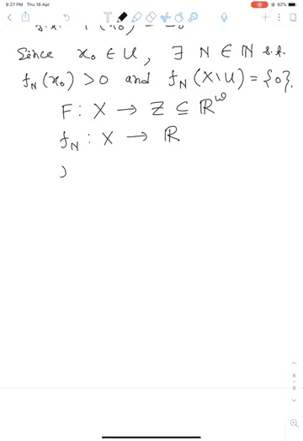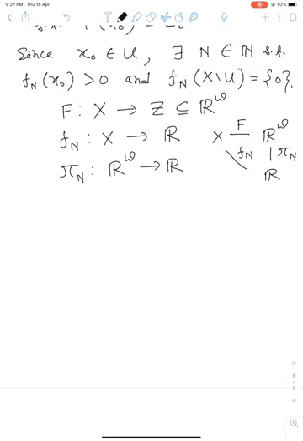And we know that we have π_n, which is from R^ω to R. So we have X, R^ω and R. This is my π_n, this is my capital F, and this is my f_n, right?